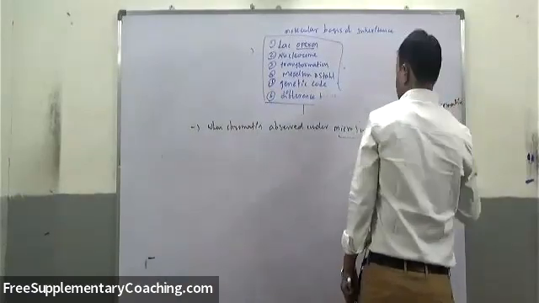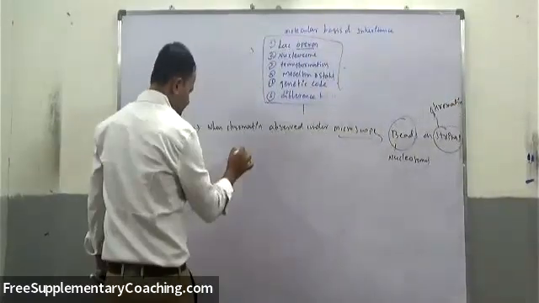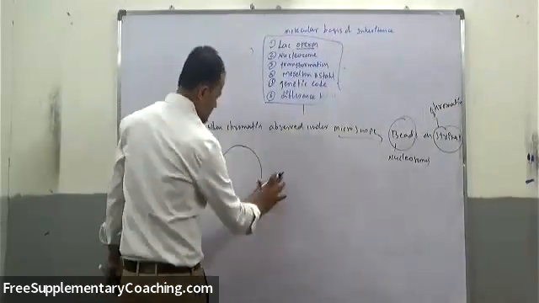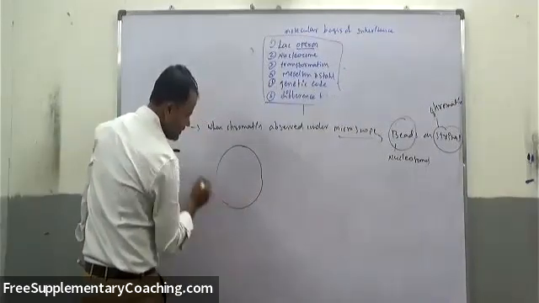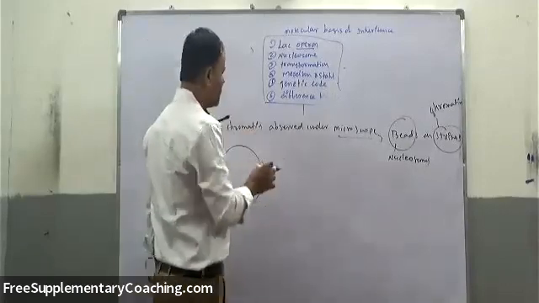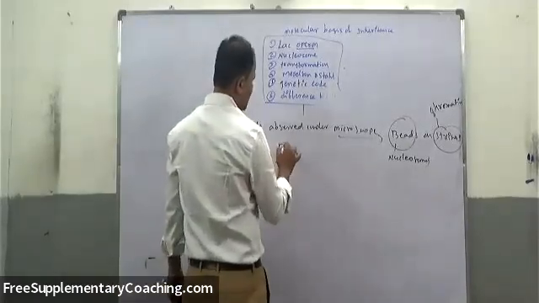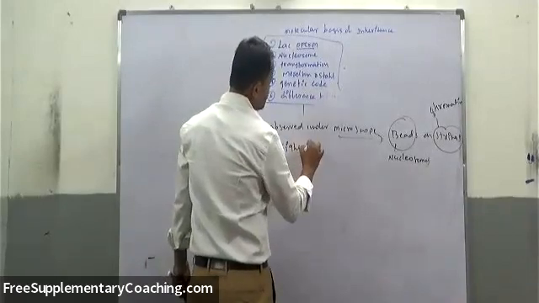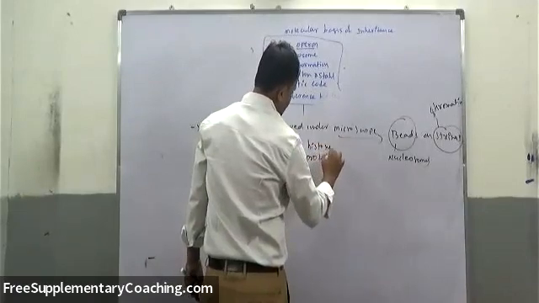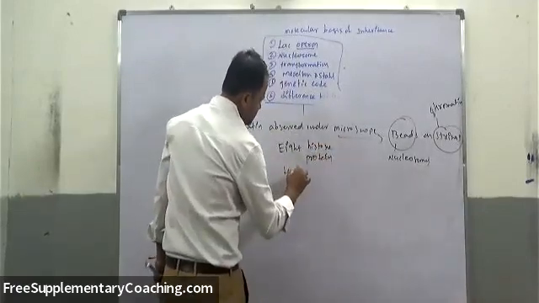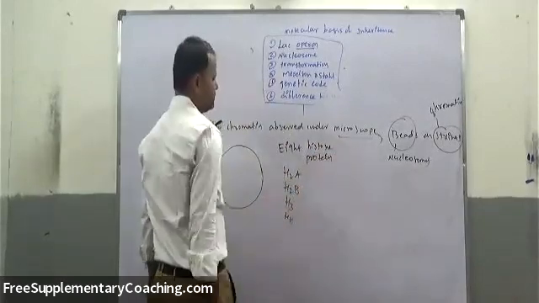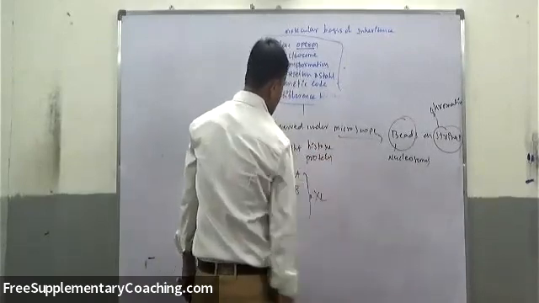Now, the bead is nothing but a nucleosome. These are bead-like structures. What does the bead have? Histone proteins, eight of them. There are H2A, H2B, H3 and H4, and all are in pairs.